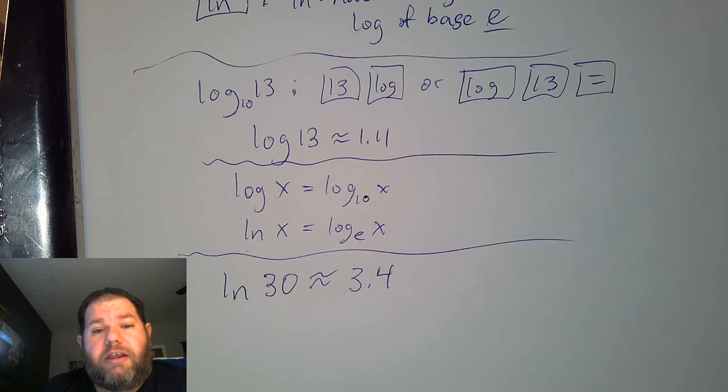Maybe the L comes first to indicate that it's a logarithm first and foremost, and then the N is kind of a modifier on that, which makes it a natural logarithm. I can't say for sure.